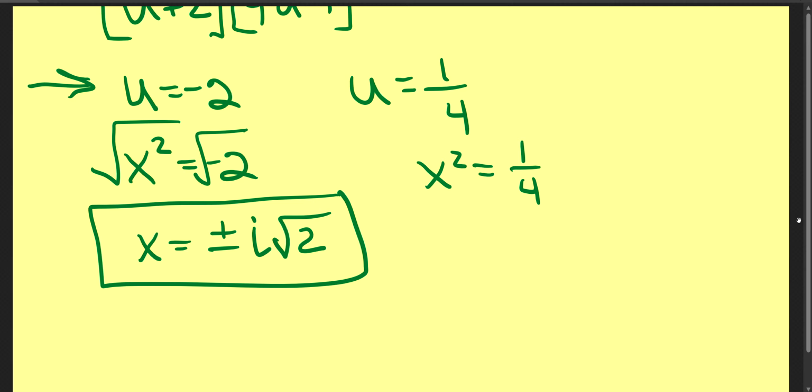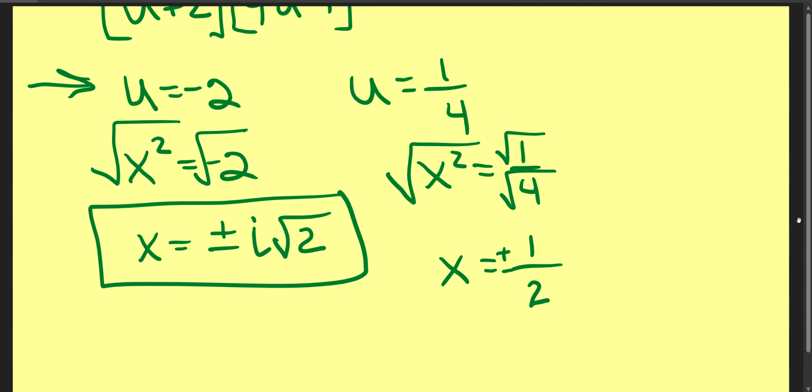And for this problem, x squared equals 1 over 4. So that means I'm square rooting the left side, so x is going to equal square root of 1 is 1, square root of 4 is 2, and that is going to be a plus or minus in front of it.